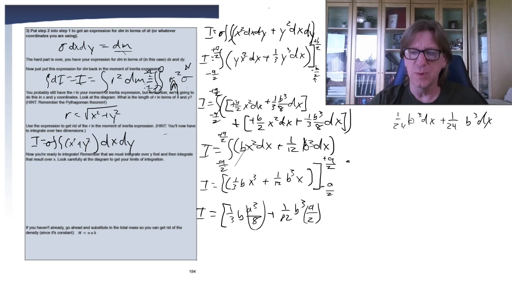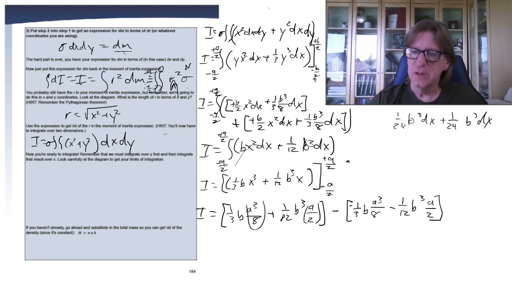And both of those are positive. Minus, and then you should see it's going to be the same thing, just like we did before, minus 1/3 b, a negative 1/3 b, a cubed over 8, minus 1/12 b cubed, a over 2.